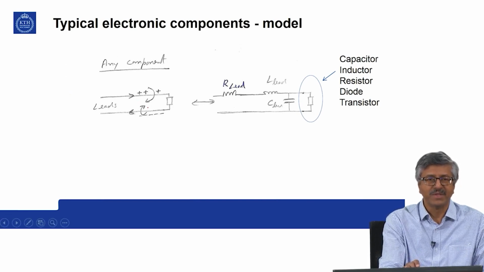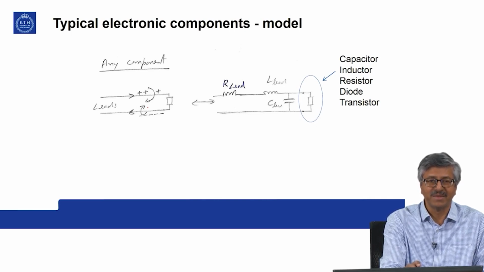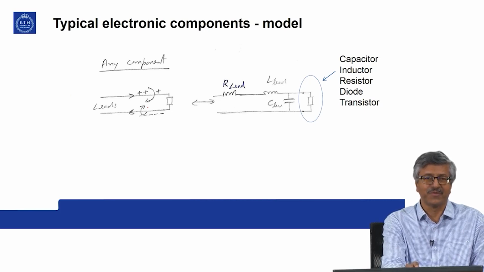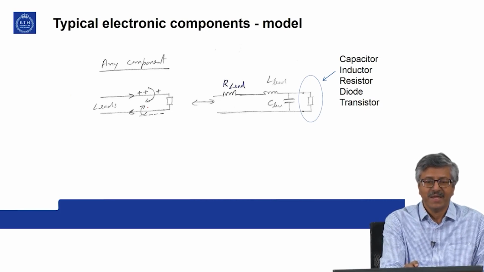So, you can think of some parasitic capacitance and parasitic inductance associated with it. Parasitic means that like a parasite, it is not supposed to be there, but of course it is there. So, it is kind of unwanted, like a weed.